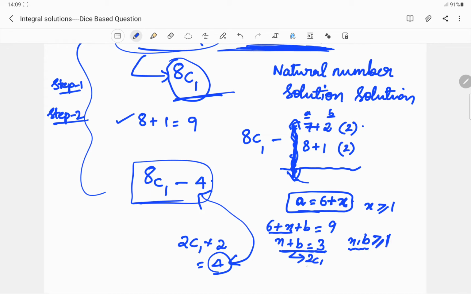The number of natural number solutions to this equation will be 2C1. Similarly, b can also be greater than 6, say we put b as 6 plus y. We are again going to get 2C1. So that's why I have multiplied it by 2 and got 4. Now we will look at another question. It will be clearer to you.